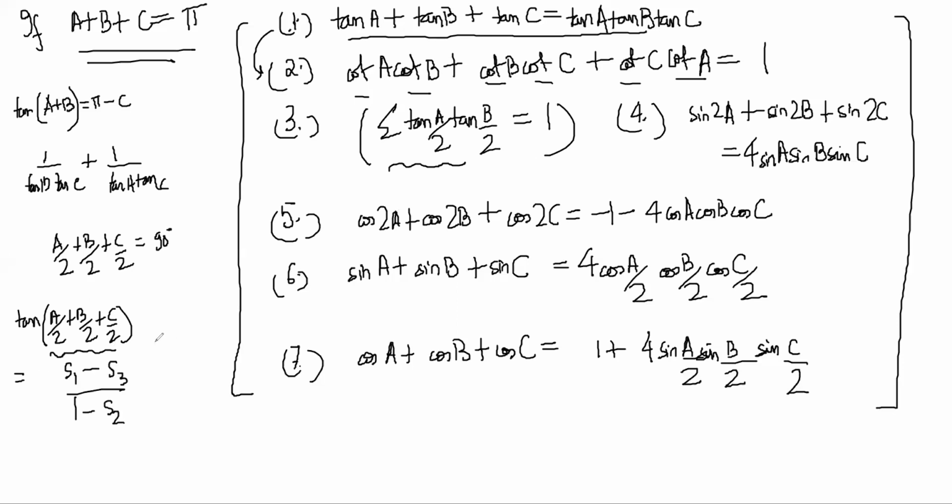The other side will be tan 90, which is infinity, so the denominator must be 0. So 1 is equal to S2. S2 is the summation of tan A by 2 tan B by 2, taken 2 at a time. Correct?